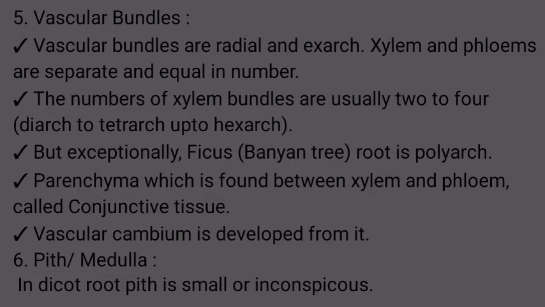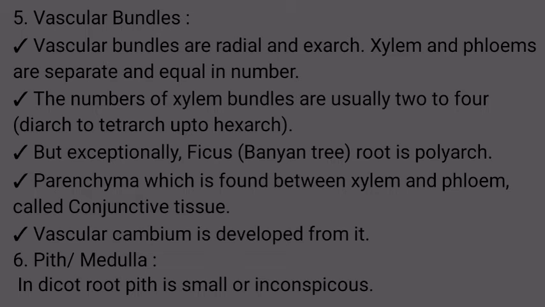Some plants may contain pentarch and hexarch. The parenchyma cells between xylem and phloem are called conjunctive tissue. During secondary growth of dicotyledonous roots, this conjunctive tissue forms vascular cambium. Sixth one, the innermost part of dicotyledonous root is pith or medulla.